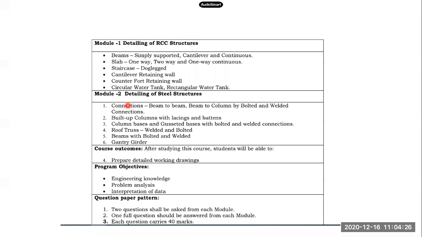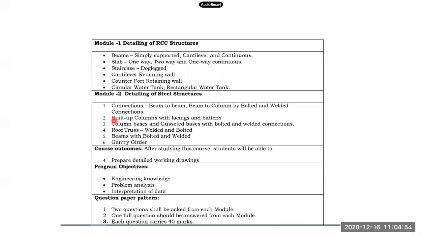Further part is about built up columns. We have taken up the design of built up columns with lacing and batten systems. These details of built up columns will be prepared in this lab, and also the details of column bases, that is the slab base and the gusseted base.